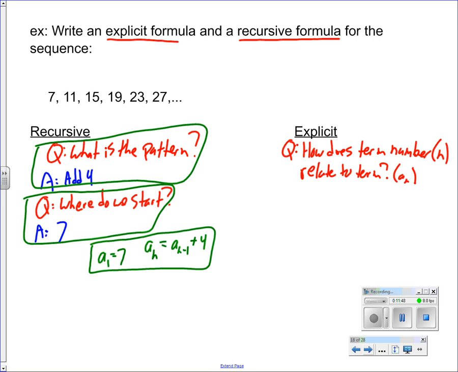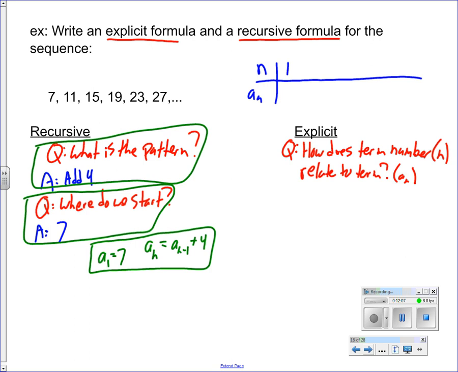So how does N relate to AN? For this one, we want to rewrite our sequence here with term number and the actual term itself, see if we can see a pattern.